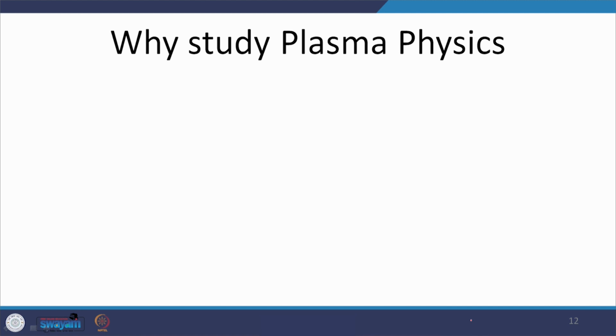It is a highly complex and involved subject which requires deeper levels of understanding using mathematical tools. So, I will try to present a few situations where an understanding of plasma physics can be very useful. Being a physicist, I will put forth the perspective as I see things, from a physics perspective, right.